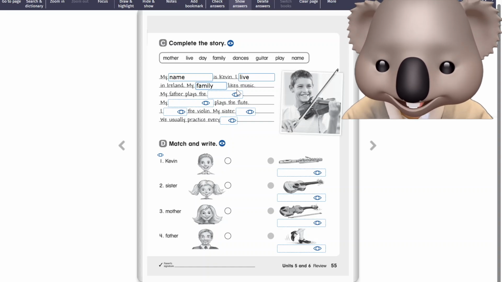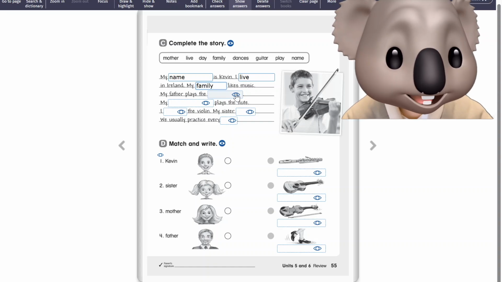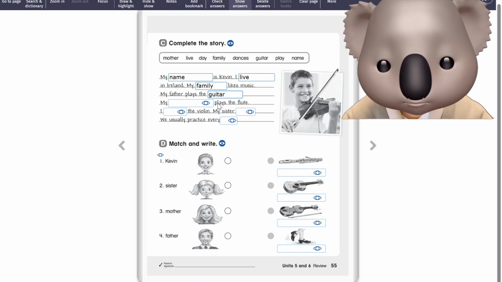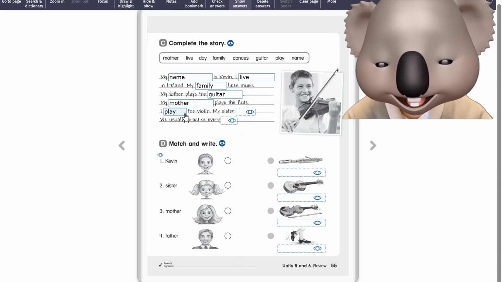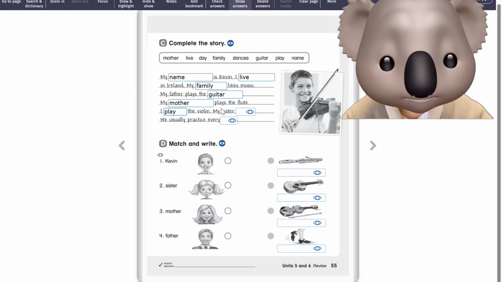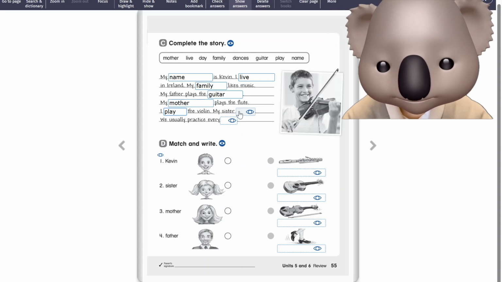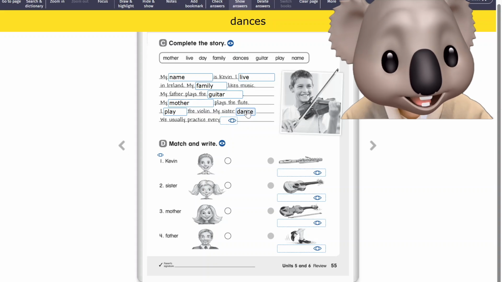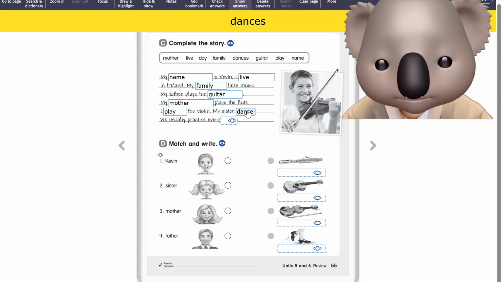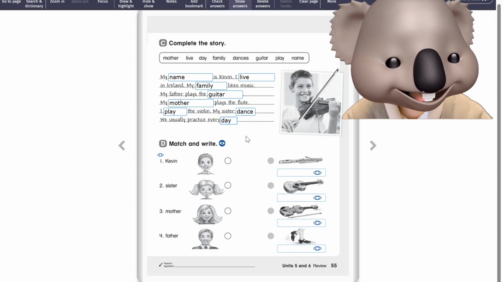My family likes music. 우리 아빠는 기타를 쳐. My father plays the guitar. 우리 엄마는 My mother plays the flute. 나는 I play the violin. 우리 동생은 춤을 춰. My sister dances. Don't forget the S. And last, we usually practice every day.